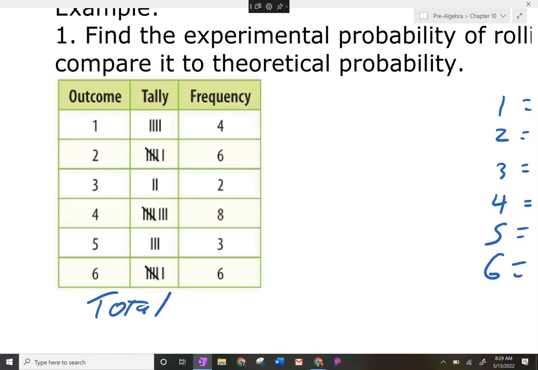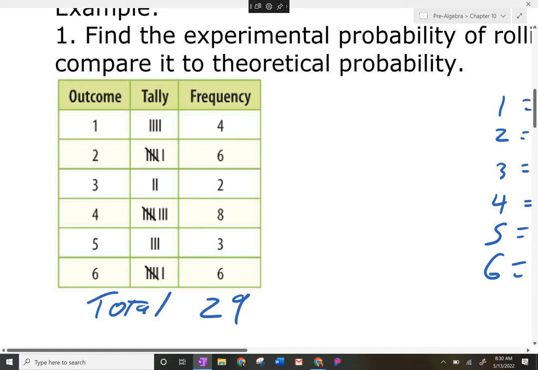Okay, so for me to figure out the total amount that happened, I'm going to add up every single frequency. So 6 plus 4 is 10, 8 plus 2 is another 10, so I'm at 20, 21, 22, 23, and I got 29. If you put on your calculator, you do 4 plus 6 plus 2 plus 8 plus 3 plus 6, it should end up with 29.